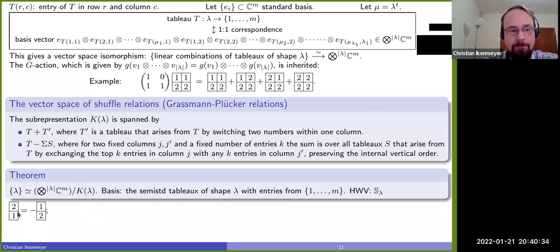The tableau 2 1 is the same as minus 1 2 in this quotient space, because if T plus T prime is 0, which is what it means when you quotient out this, this means that T is equal to minus T prime, where T prime arises from T by switching 2 numbers within 1 column. So these are negatives of each other.